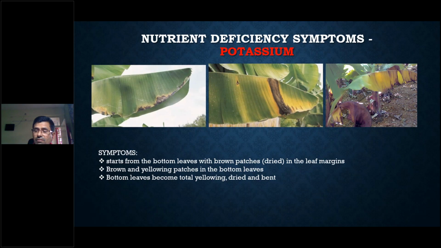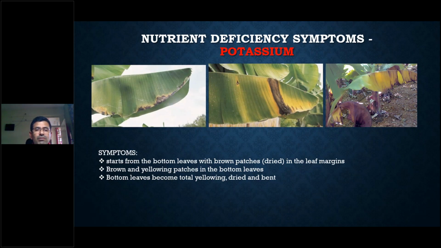Initially we give N and P, nitrogen and phosphorus, up to 5 months, and a lesser quantity of potassium. From the 4th and 5th month onwards, we have to increase the potash at the rate of 150 grams per month.